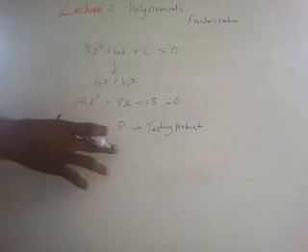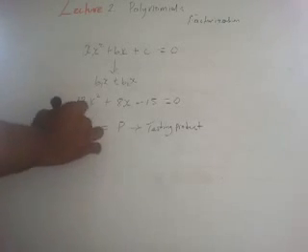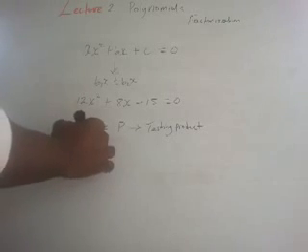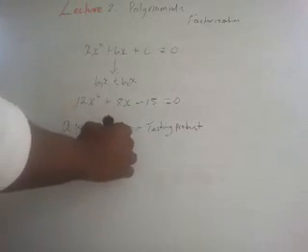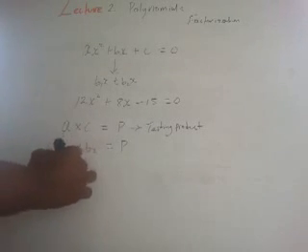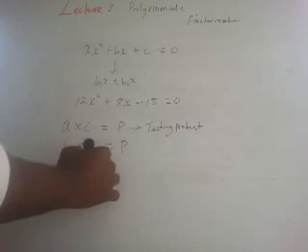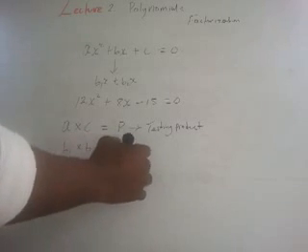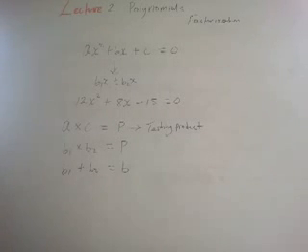Why? Because if you were to find two numbers, b1 multiplied by b2, this should also equal p, and b1 plus b2 should equal the original b. Now, both conditions must be satisfied before you can use those two elements to represent b.